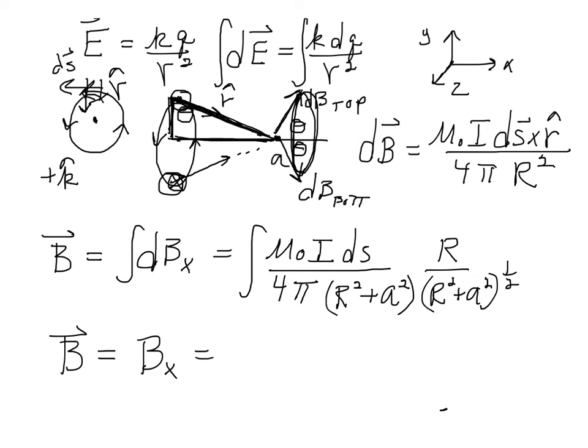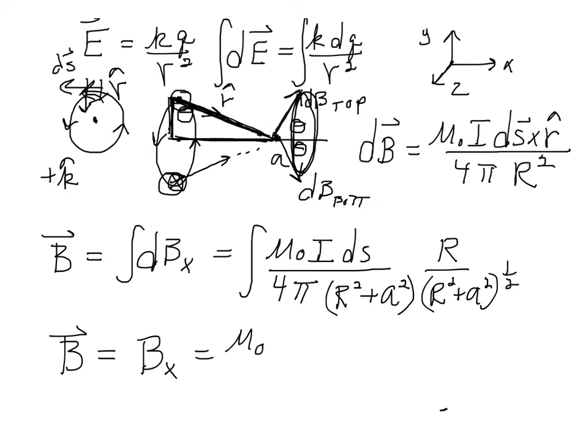And so we're doing the integral. Now notice all the terms inside the integral, every one of them except the ds is a constant. The mu naught is a constant. The I is a constant. The r, radius of the circle, is a constant. The a for this problem is fixed. We can vary it to another problem, but in this problem we've chosen an a. And so everything except the ds comes out.